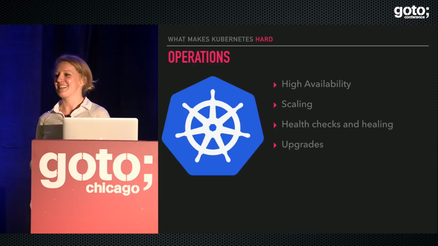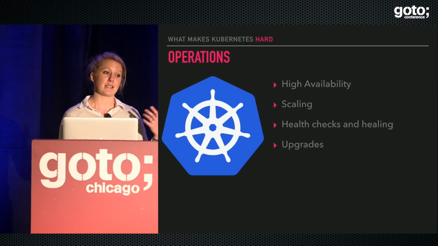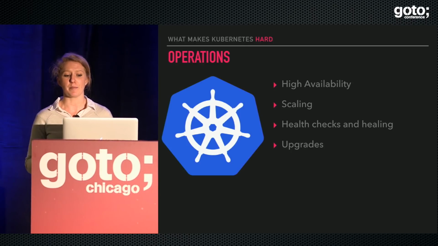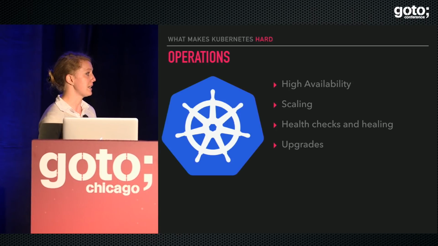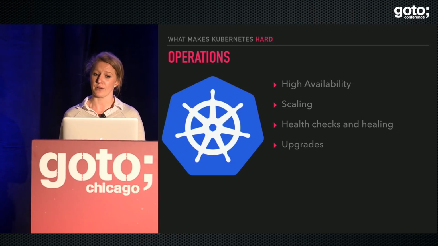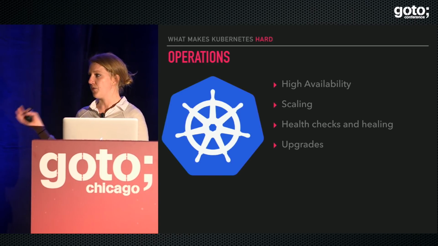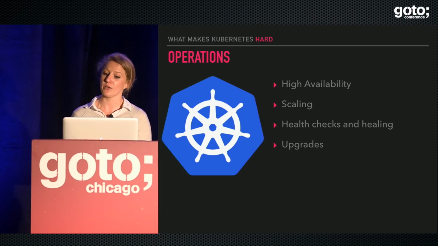The reality is that there are some things that are really difficult about Kubernetes, and really what that all boils down to is operationalizing Kubernetes. So when we talk about high availability, scaling, health checks and healing, and upgrades, all of those things are really, really difficult with Kubernetes. So there's no out-of-the-box fault tolerance for your Kubernetes components like your masters and your etcd nodes.